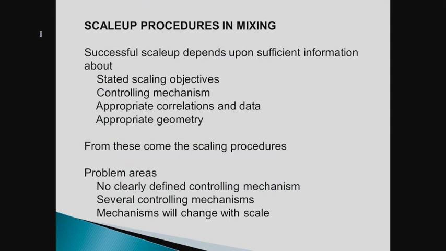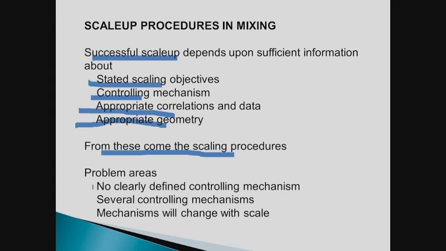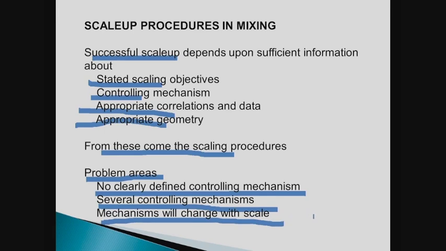Well, let's see what we got here. Successful scale up, you need to state the objectives, the controlling mechanism, the appropriate correlations and data, the appropriate geometry. From these will come the scaling procedures. Problem areas: there's no clearly defined controlling mechanism. There are several controlling mechanisms. The mechanisms change with scale.